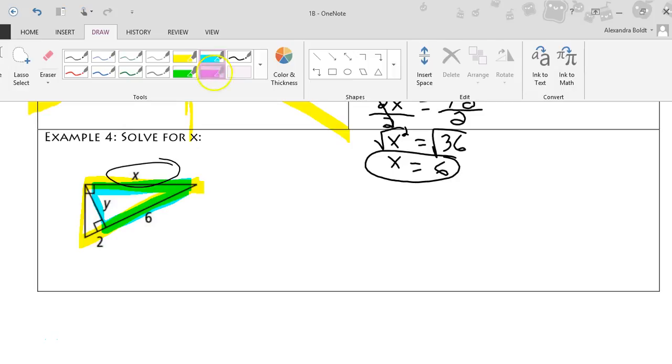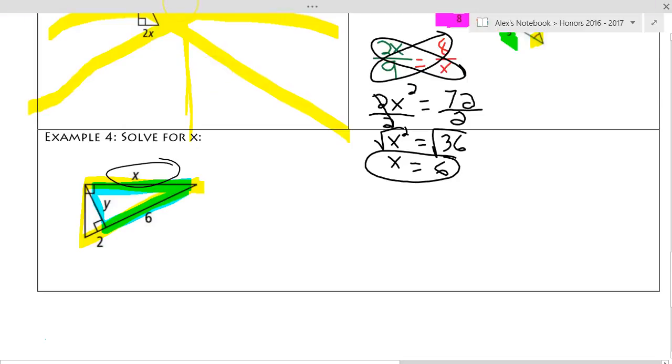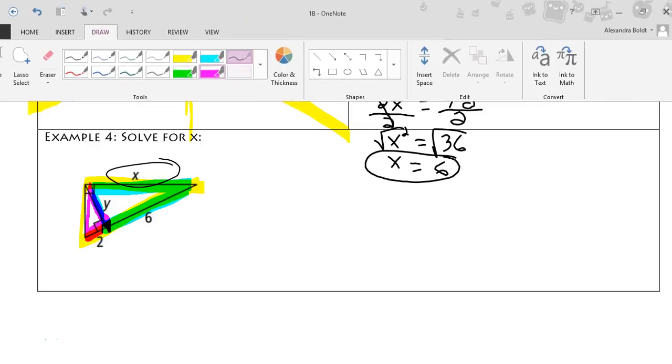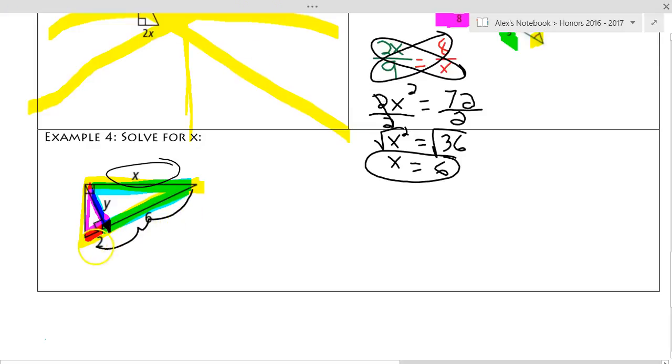And then y is part of that blue triangle, as well as this purple triangle. And then remember, this whole side here is 8. So if you look, I have two sides, the leg and the hypotenuse of that yellow triangle.